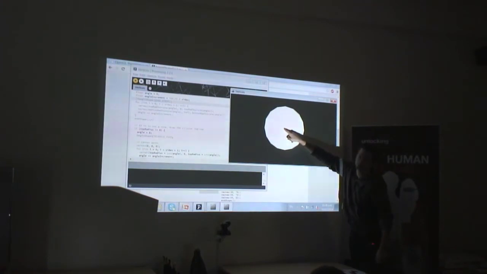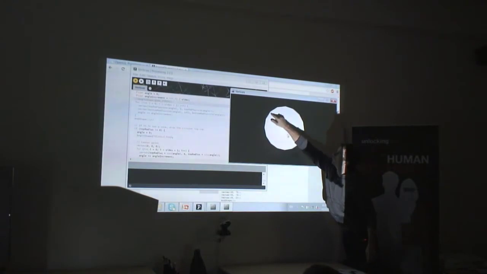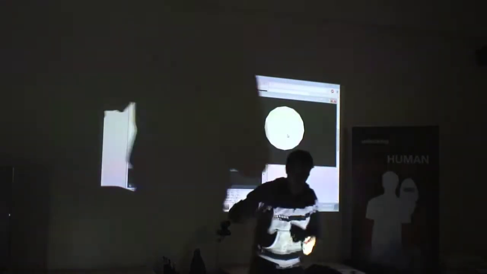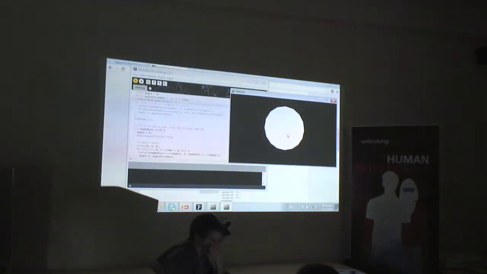That makes it quite easy to draw our circle by going, okay, here's a point in the middle, and now just draw 1, 2, 3, 4, 5, 6, 7, 8, 9, 10, 11, 12, 13, 14, 15, 16 triangles originating from that middle point.